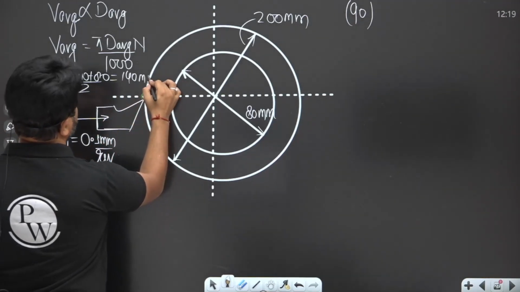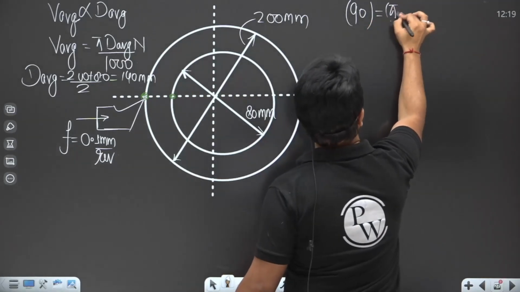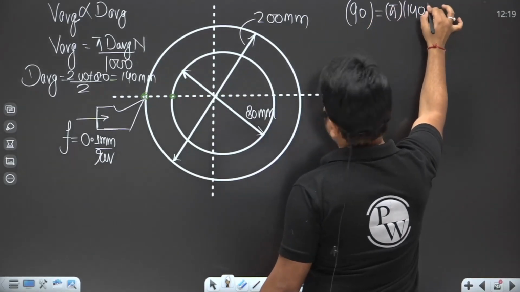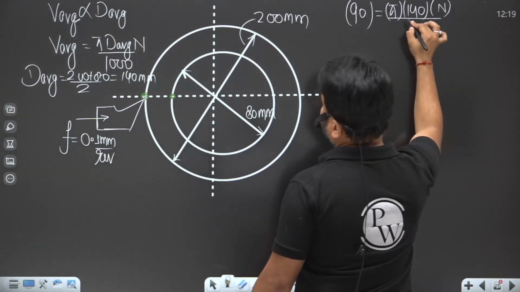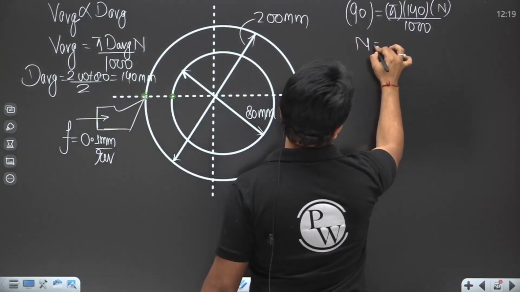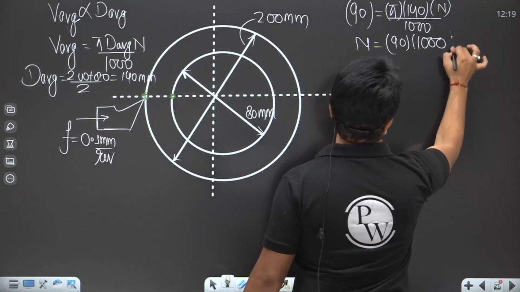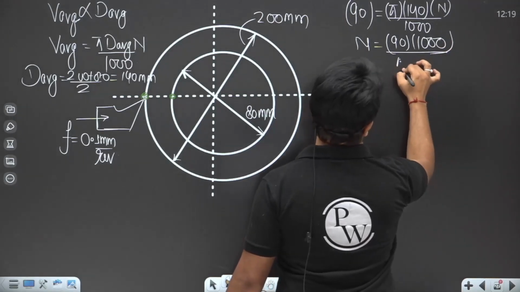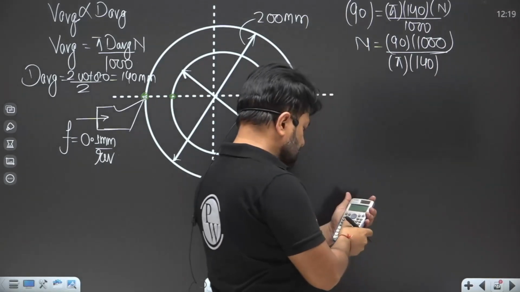140 mm, right? So d average is 140 mm. The RPM is not given, so you can find the RPM: 90 into 1000 divided by pi into 140.